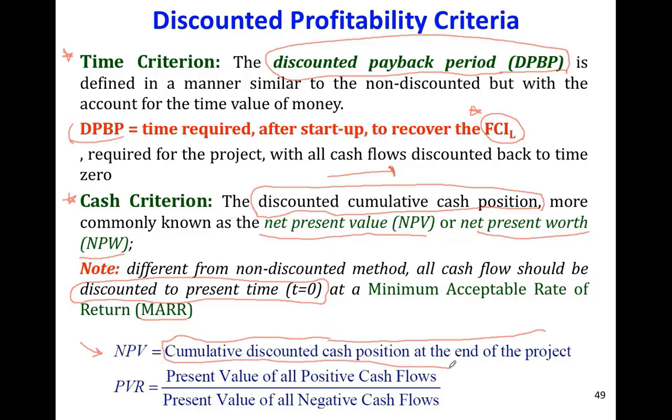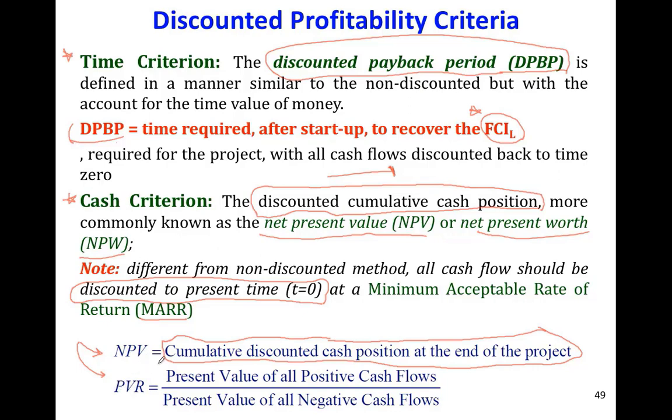Discounted means we already consider the value of the money. For the profit we can show it with this parameter, net present value.